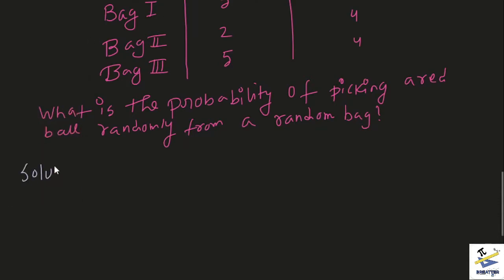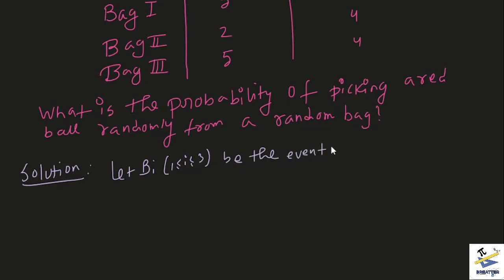And this is one of the very basic applications of the law of total probability. So we need to denote the events. Let B subscript i, where 1 ≤ i ≤ 3, be the event that bag number i is chosen.